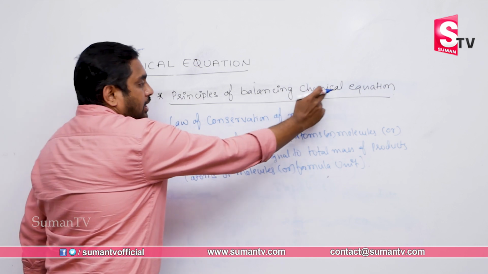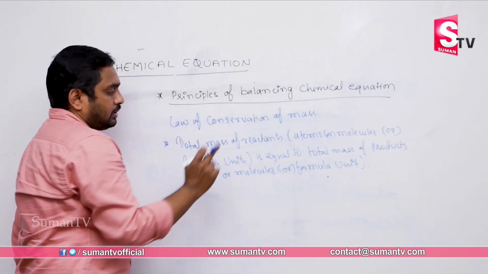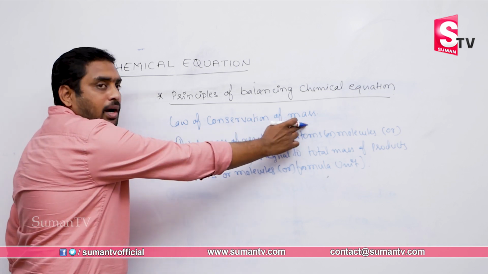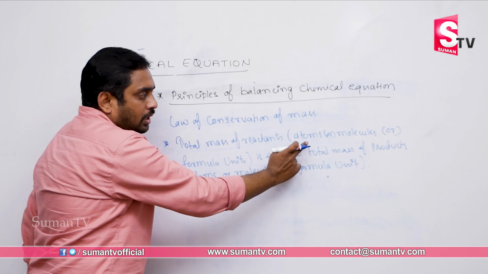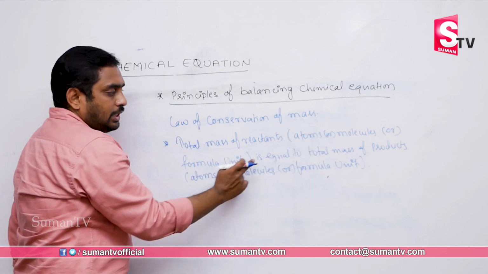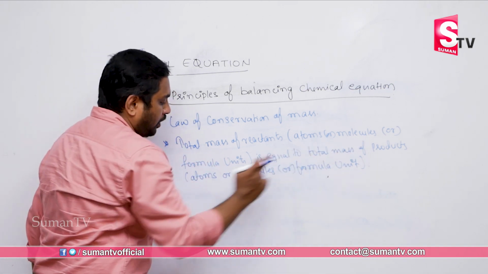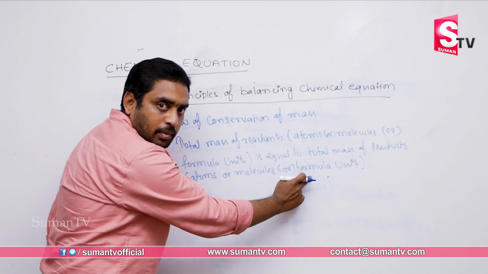The principle of balancing chemical equation is based upon the law of conservation of mass. What do you mean by the law of conservation of mass? The total mass of reactants, containing atoms, molecules or formula units, is equal to the total mass of products.